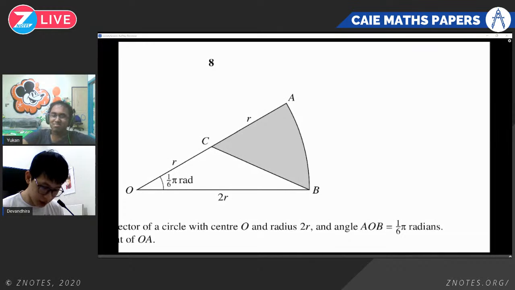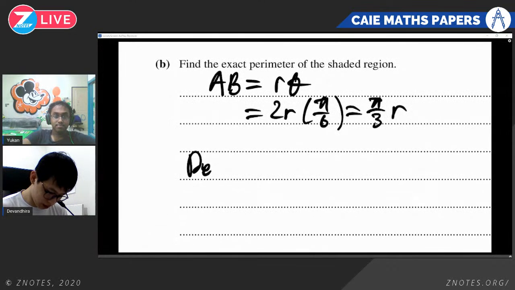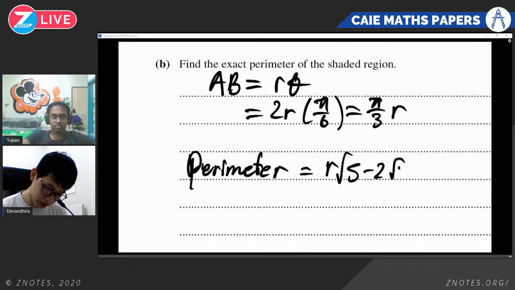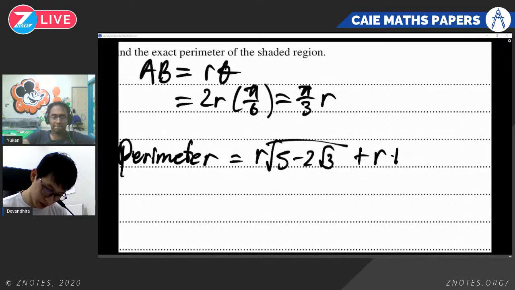We've got BC, we've got AC, we've got AB. Now we just have to add them all. So the perimeter is r from the last question plus r plus pi over 3 r.